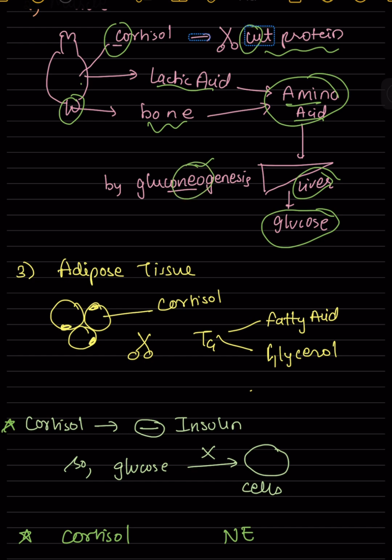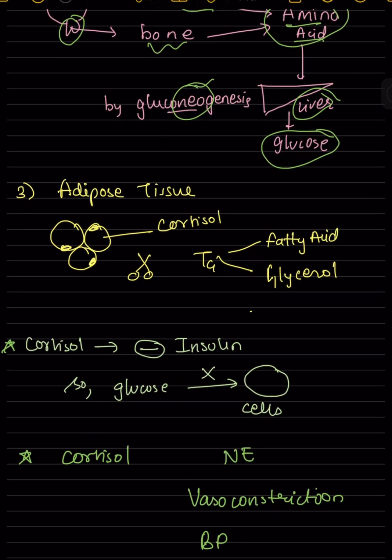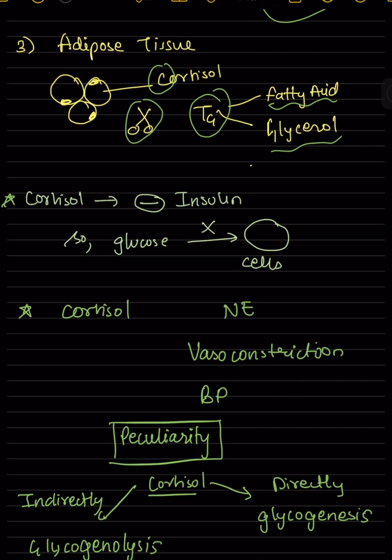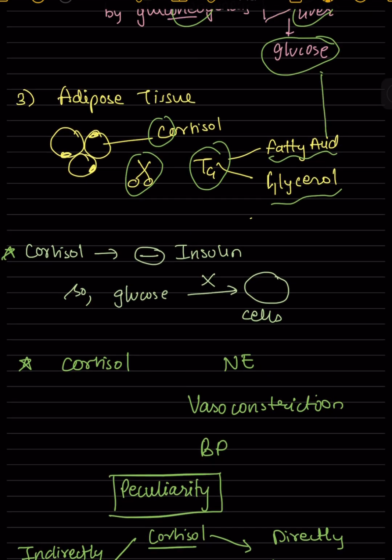Then there is adipose tissue. Cortisol cuts the adipose tissue and breaks triglycerides into fatty acids as well as glycerols. These also contribute to the formation of glucose by gluconeogenesis. Cortisol inhibits insulin.